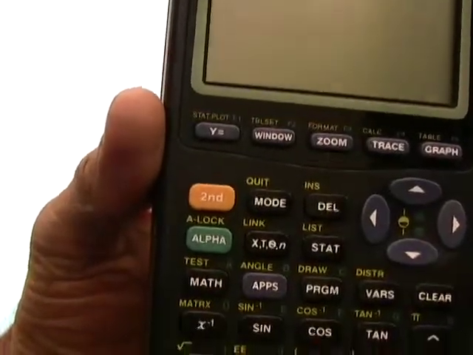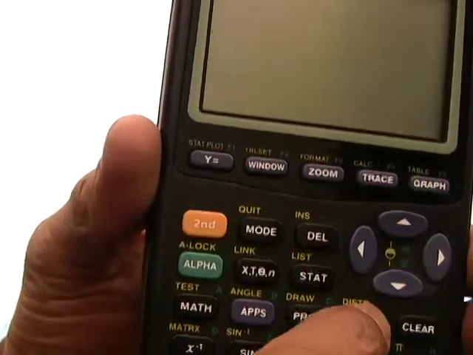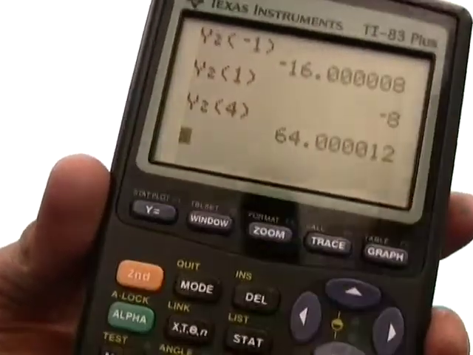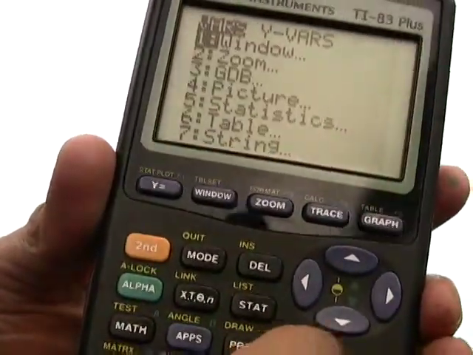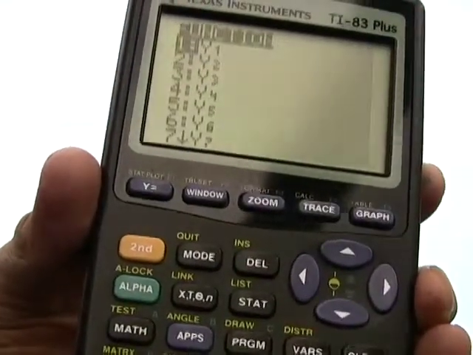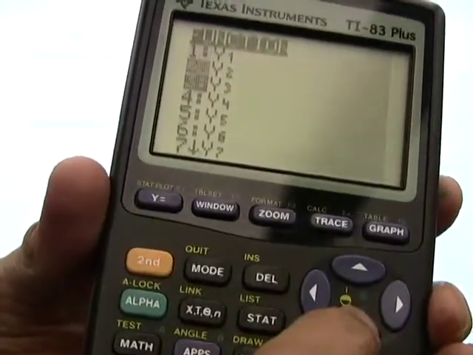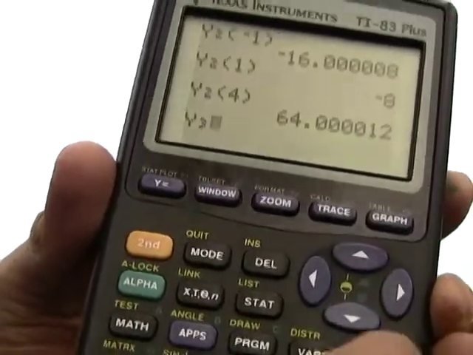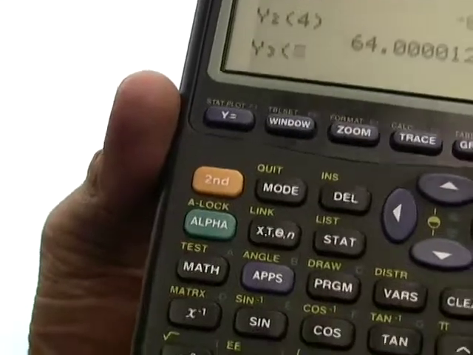Alright, let's get y3 on the screen. How do you get that? Go to vars. Turn on the calculator, sir. Go to vars. Right arrow to function. Now choose y3. Go down and choose y3. Enter. y3 of negative 1.